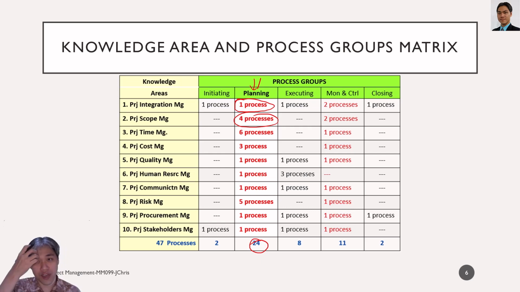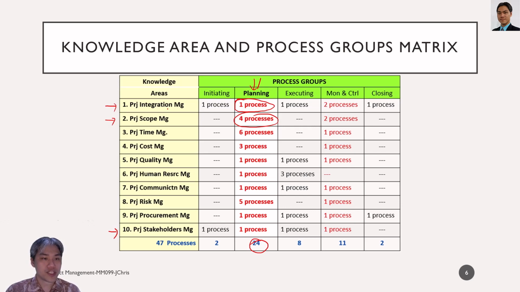We can say they are divided, but more exactly, they consist of many knowledge areas, numbers 1 to 10, that need to be addressed to finish those processes.